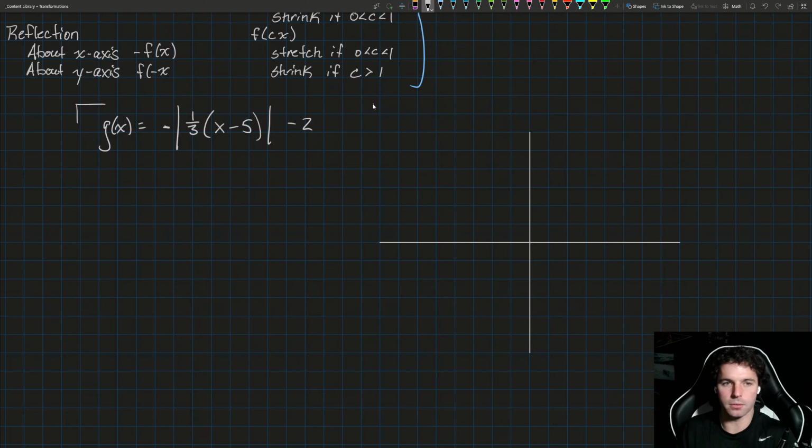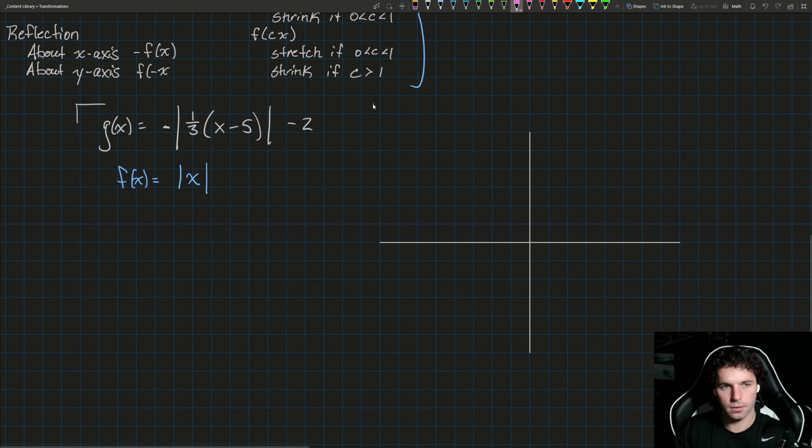So the first thing we need to be able to recognize is like the actual function that we're editing, right? And the actual function, this f of x, that's going to be the absolute value of x. Okay, and then we're just kind of describing what happens.